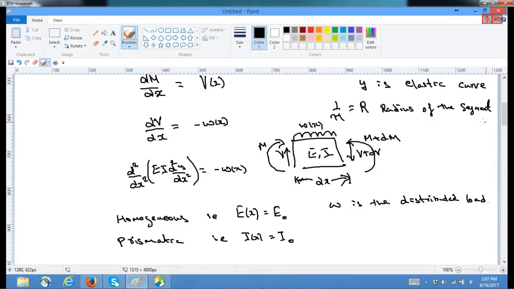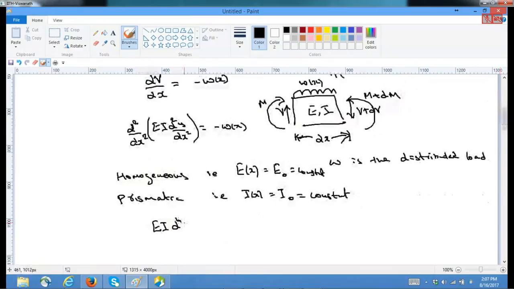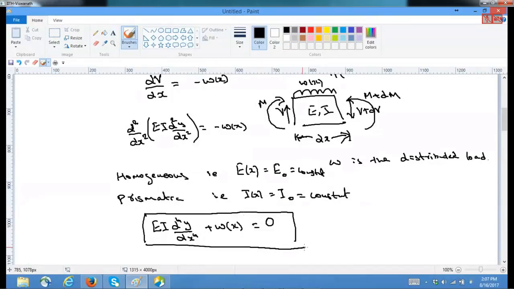Then we can take these two outside and write EI d4 y by dx4 plus w of x is equal to 0. This was our governing differential equation in the strong form for the beam.